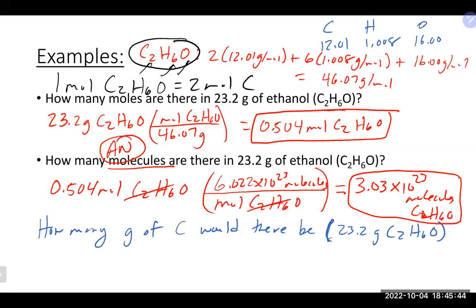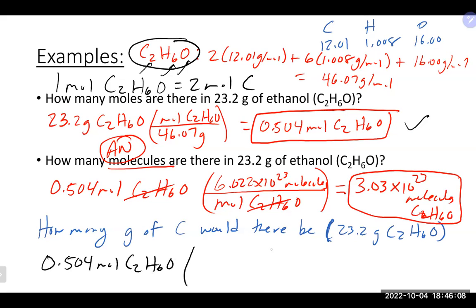So that's going to be really our way to go from the whole thing to just carbon. Obviously, to do that, we would need the moles of the entire thing, which we actually calculated right here. So we can just pick up with that number. If you didn't do that, you would need to do that first to calculate the moles of the entire thing. But since we did, we'll just pick it up with that number there.